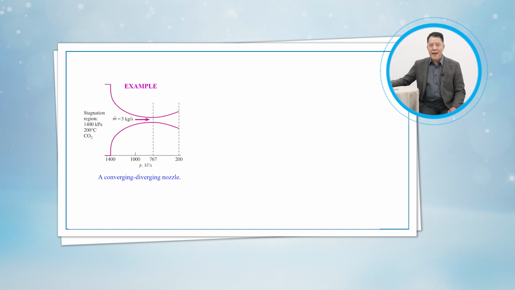Noting the mass flow rate expression for steady flow, the large decrease in density makes acceleration in the diverging section possible. An example of this type of flow is the flow of hot combustion gases through a nozzle in a gas turbine. The cross-section of a nozzle at the smallest flow area is called the throat.